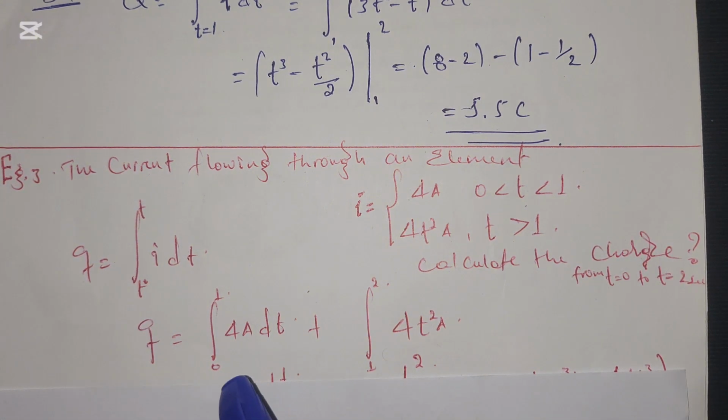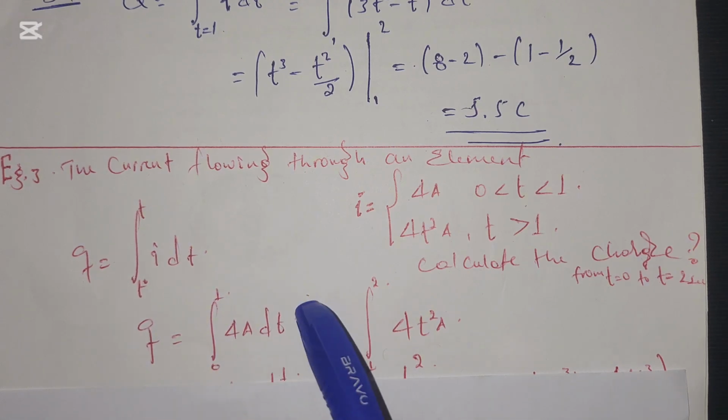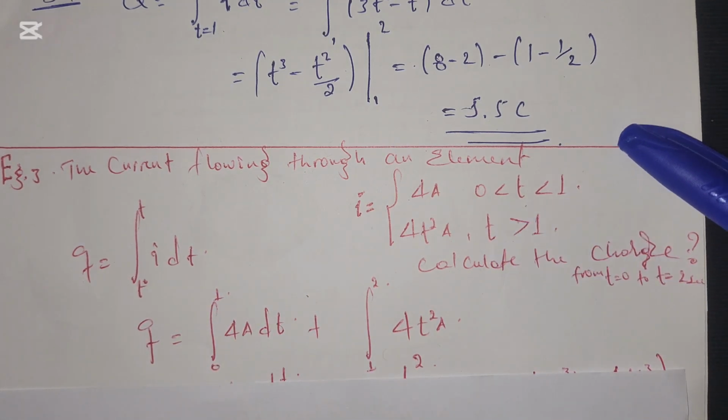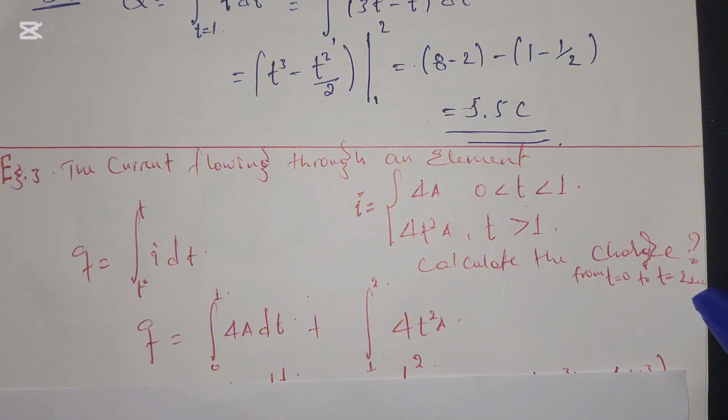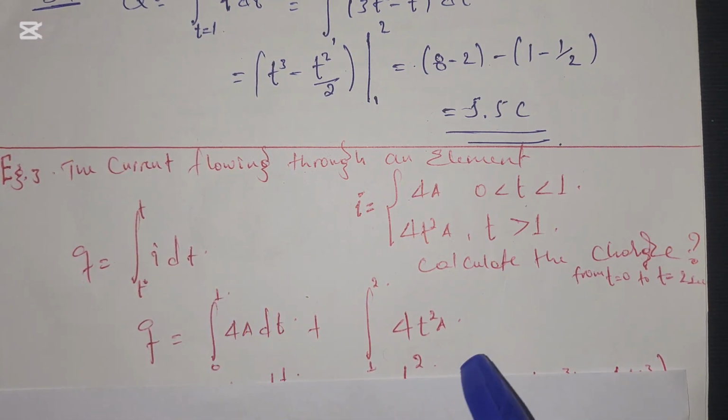So q equals the integral from 0 to 1 of 4 ampere dt, plus, for t greater than 1, the integral from 1 up to 2 seconds of 4t squared ampere.